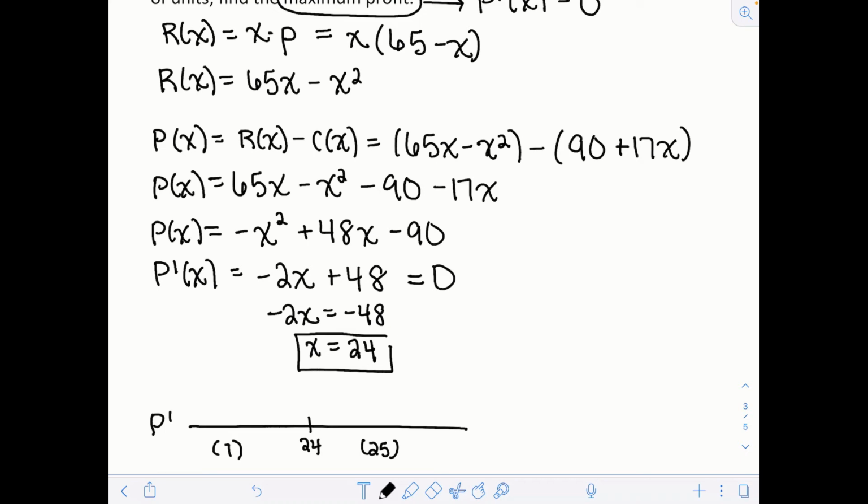If we plug in 1, we get 46, which is positive, so the function goes up. If we plug in 25, we get -2, which is negative, which means after that it goes down. So it confirms that that point is where it hits its peak, or its maximum.